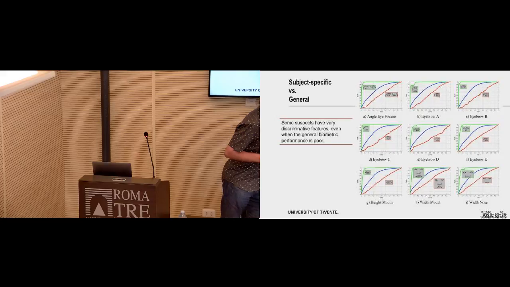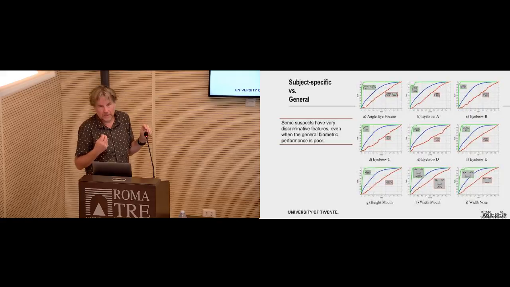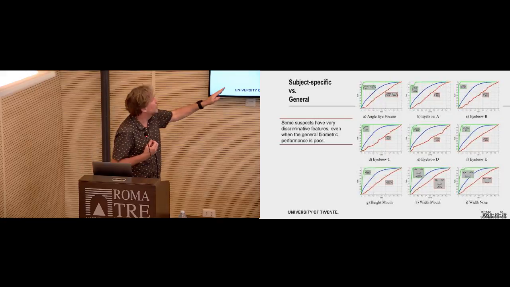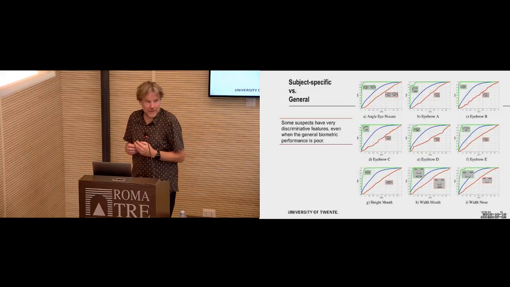And what we see is 3 lines. The blue line is always the general ROC, if you work suspect-unspecific. And basically, if we would look with our experience from biometrics at those ROCs, you would say the blue one is actually pretty poor. You would not sell that.